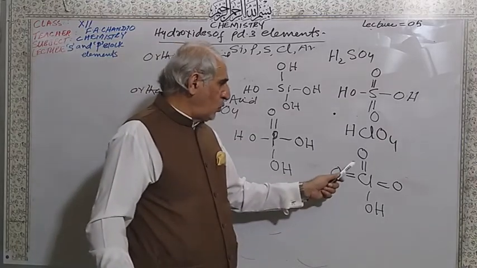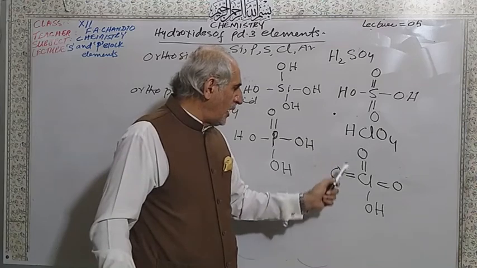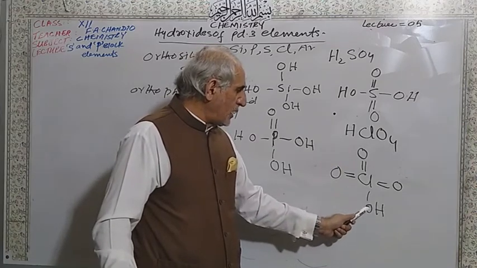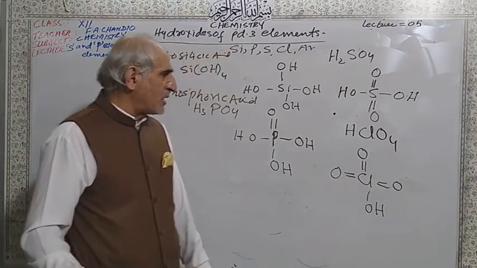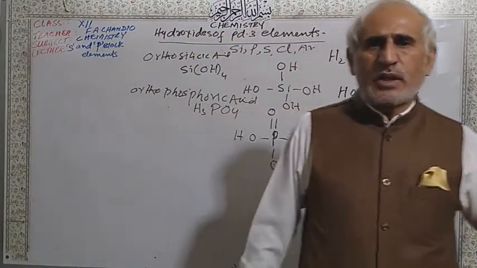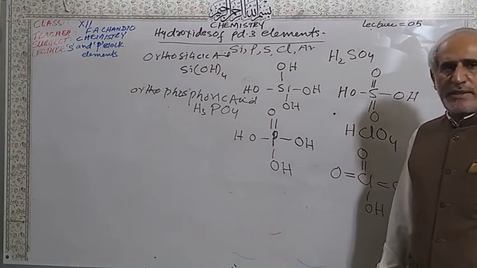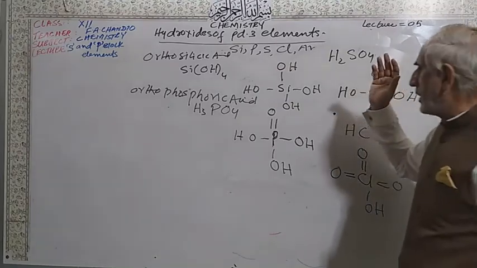Aluminum hydroxide is amphoteric, and sodium and magnesium hydroxides are bases with basic nature. Orthosilicic acid is a very weak acid. Orthophosphoric acid is a weak acid but stronger than silicic acid, and sulfuric acid is a very strong acid, and perchloric acid is also a very strong acid.